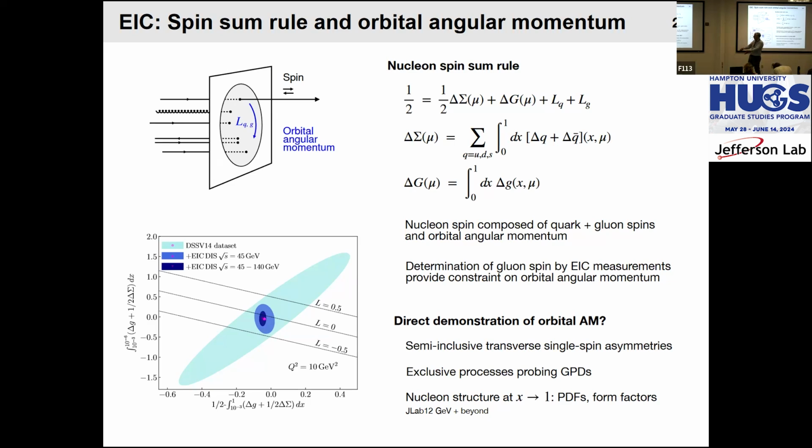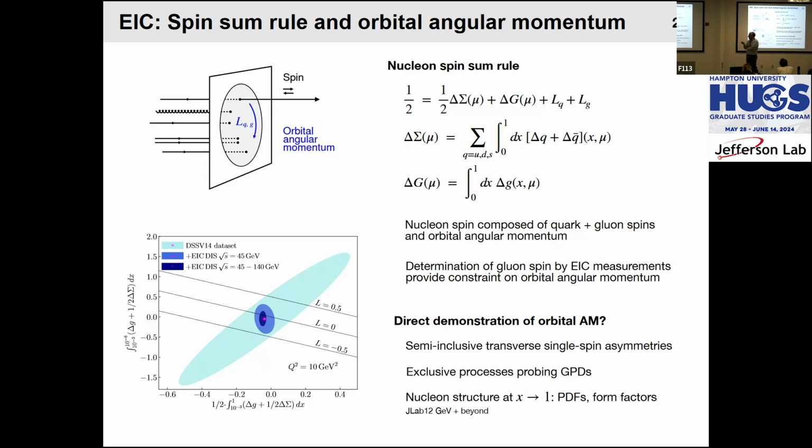It follows from angular momentum conservation. And now the first two terms, the quark spin contribution and the gluon spin contribution, can be extracted experimentally as the integrals over x of the polarized quark plus anti-quark distributions and the polarized gluon distribution.